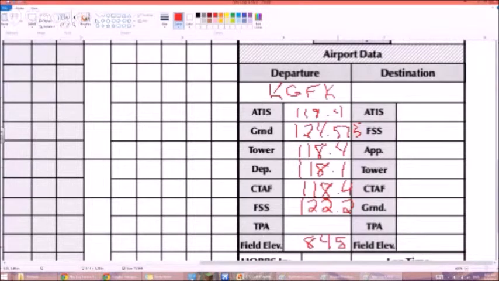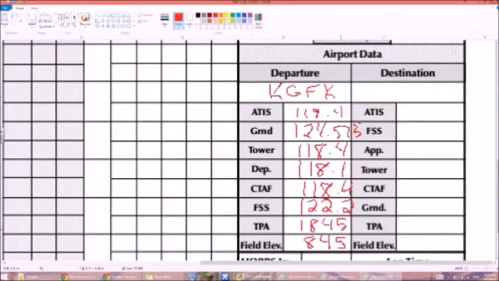And our traffic pattern altitude will be TPA, which will be 1,000 feet above your field elevation. So it'd be 1,845, since our field elevation was 845. And that's how you do your departure.